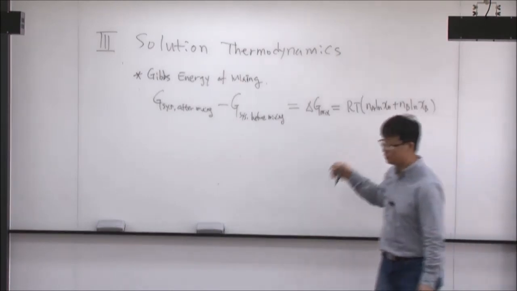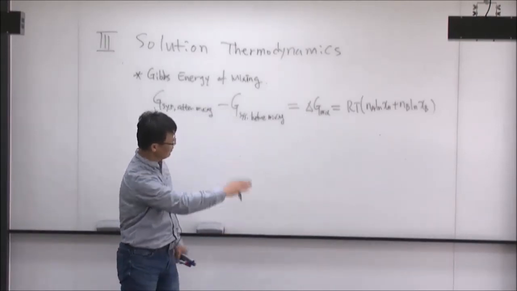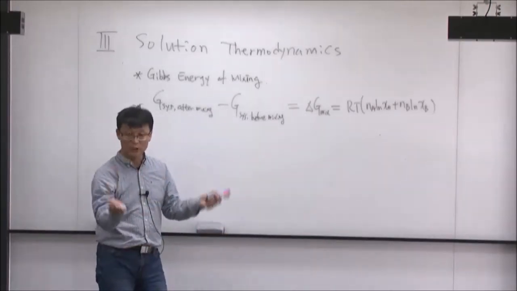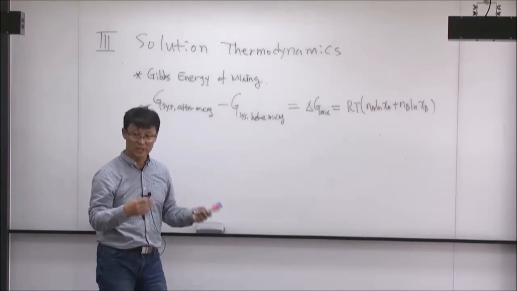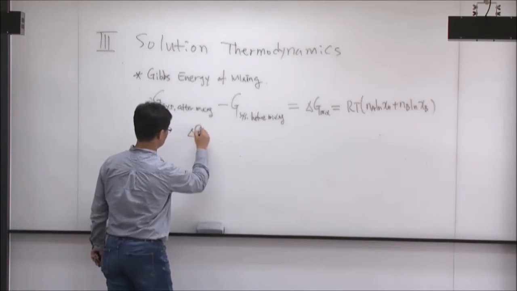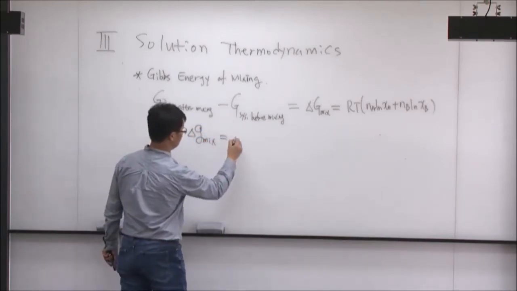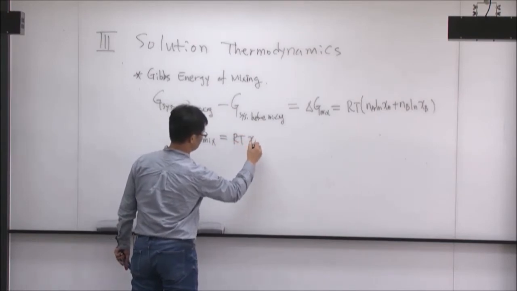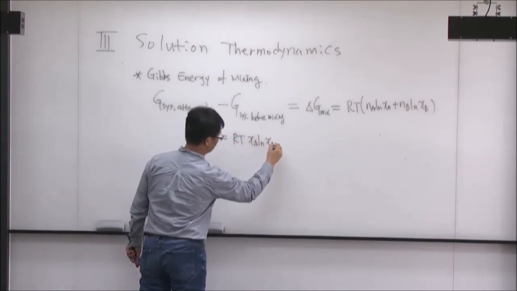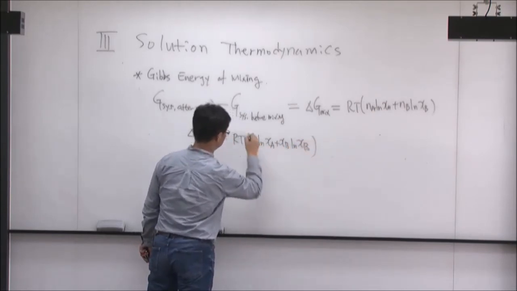So if I express this as the molar Gibbs energy of mixing, I divide by the total number of moles of the system, NA plus NB. Then delta G of mixing equals RT times XA ln XA plus XB ln XB.